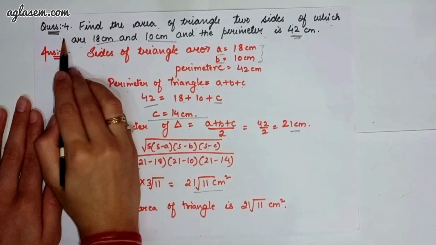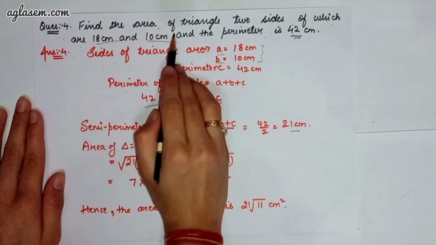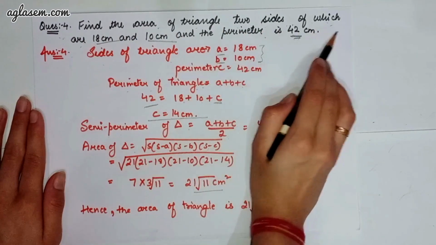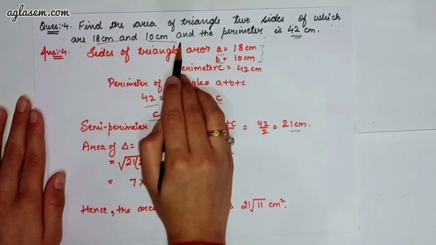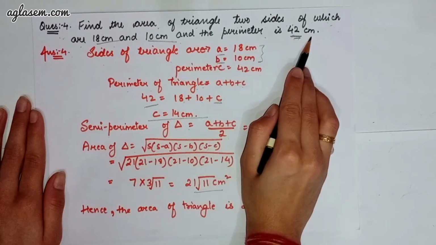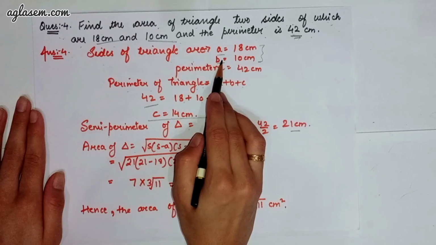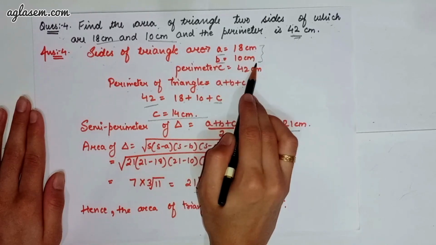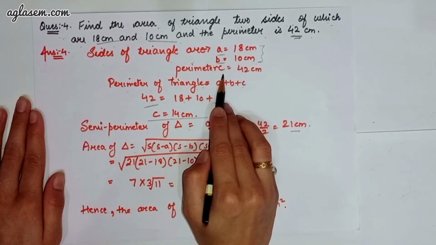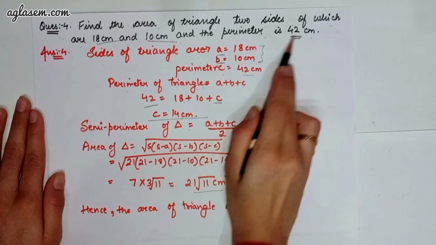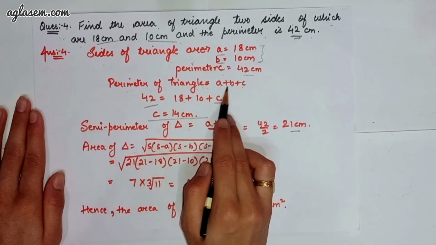Moving further to question number 4, which says find the area of a triangle, two sides of which are 18 centimeter and 10 centimeter and the perimeter is 42 centimeter. So the answer is, the sides of the triangle a and b are given to us, that is 18 centimeter and 10 centimeter. The perimeter is also given, that is 42 centimeter. The perimeter of the triangle is a plus b plus c.